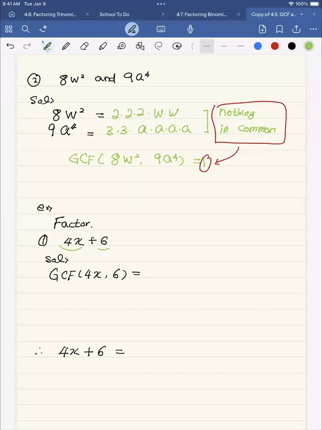So we figure out GCF of 4x and 6. 4x can be written as 2 times 2 times x, and 6 can be written as 2 times 3. If we circle the common factor, then 2 appears in both. So GCF is 2.